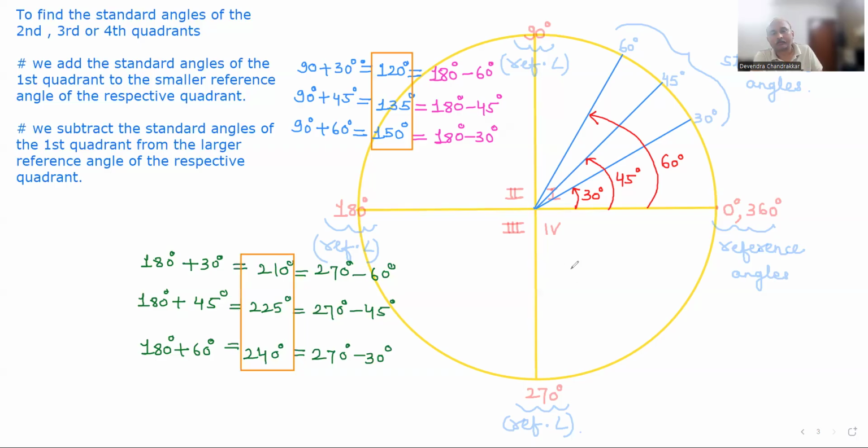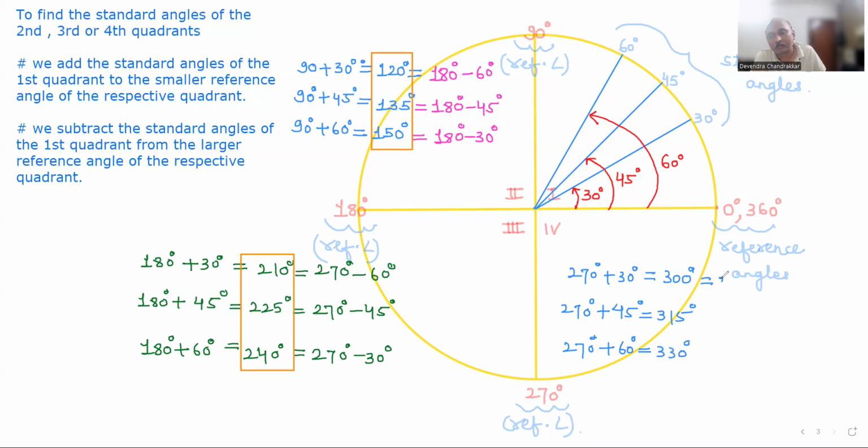The last one is 270 plus 30. Those of you who didn't get it or who want to check with the answers, please check. It's very simple. Look, I'm not teaching you anything difficult. Please pay attention, right? This is very simple. This is 300, 315 degrees, 330 degrees.